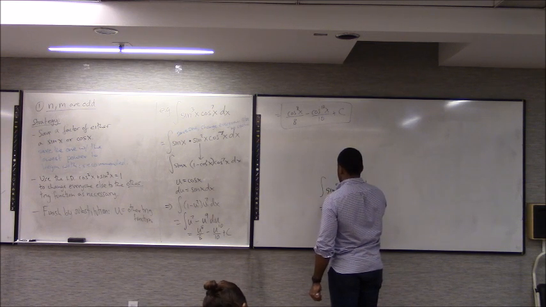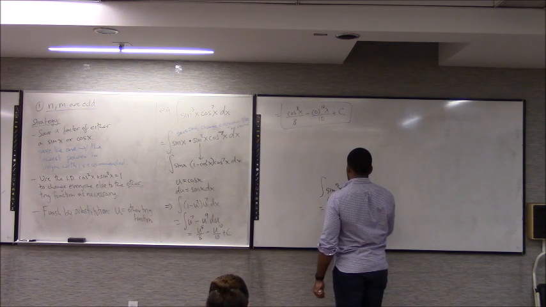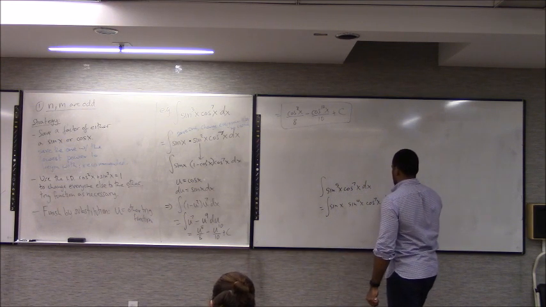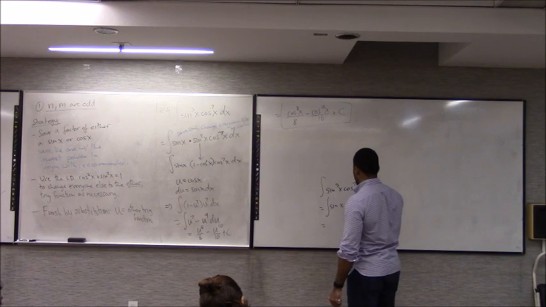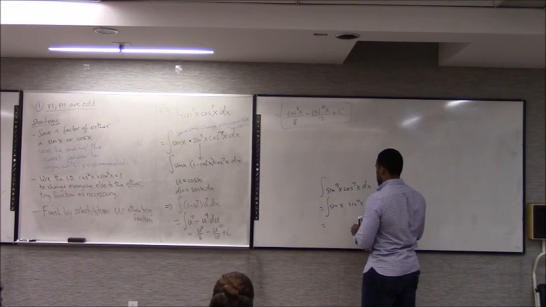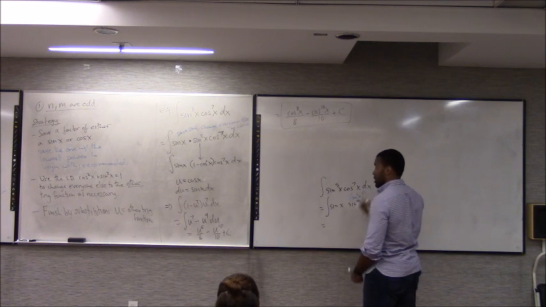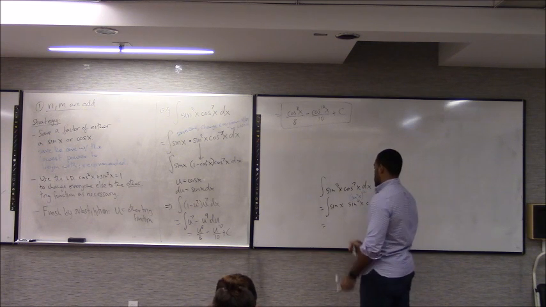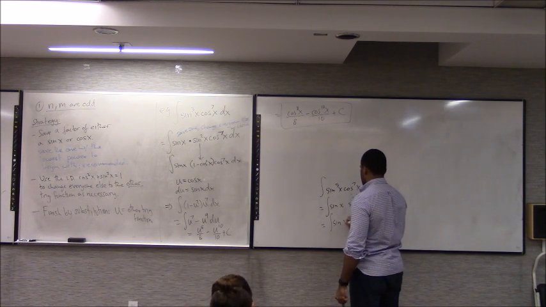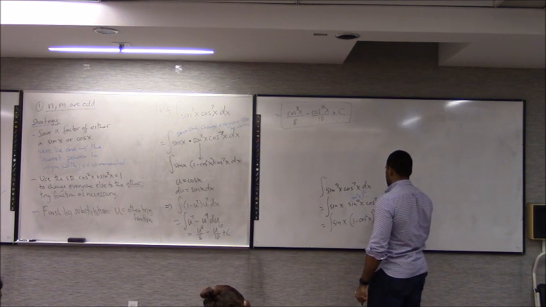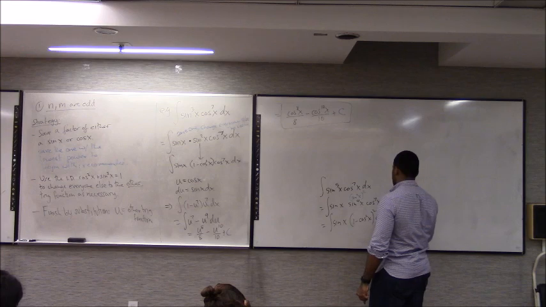I'd still save a sine. Here I have sine to the 4th. And the trick is I would think of this as sine squared, squared. And so then I would have the sine x times (1 minus cosine squared) squared times cosine to the 7th.